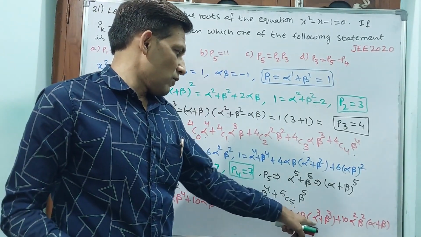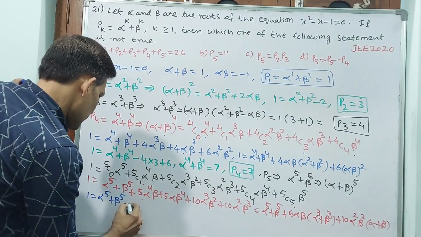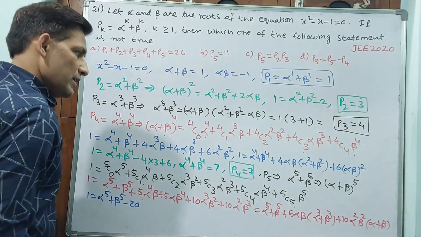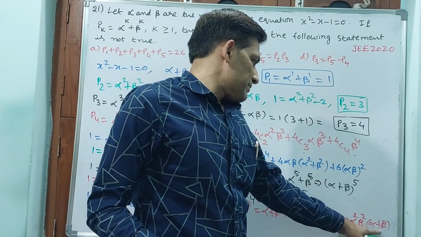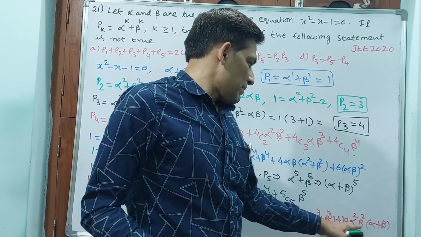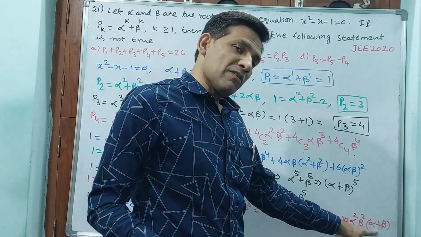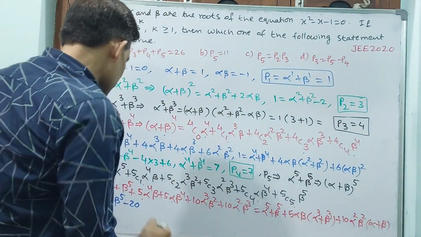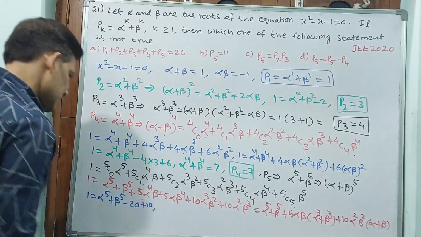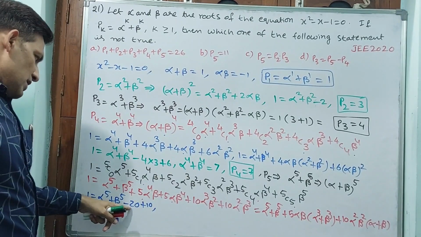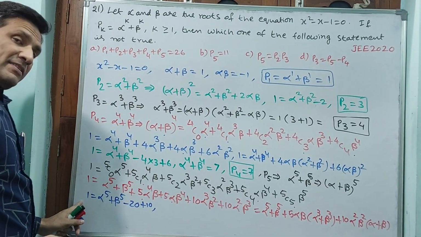Minus 5 into 4, minus 20. Here also see alpha plus beta value is 1. That is not a problem. But see, (alpha beta) whole square means (minus 1) whole square is plus 1. Plus 1 into 1, 1 only. 1 into 10, 10. That means plus 10. Now you see, minus 10 will come if you go this side, 11.